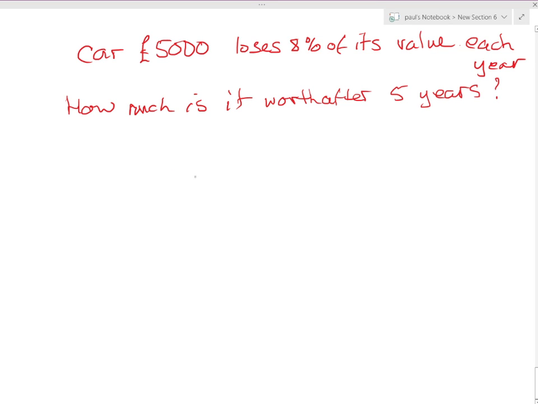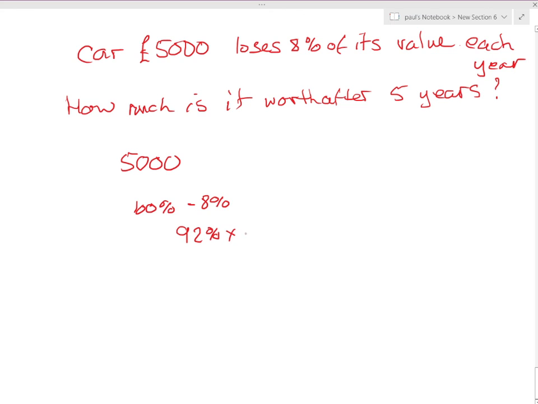Right, so we're going to start with £5,000. Now, the £5,000 is the 100%, and we're going to lose 8%, so we need to take 8% away from that, which is 92%.